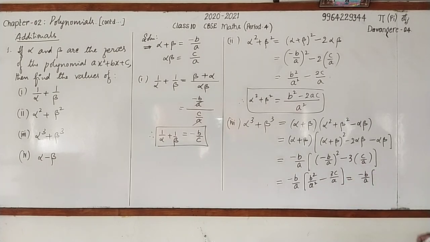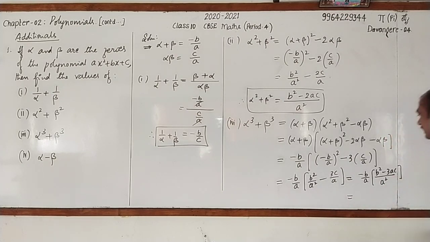Let's go for taking LCM. The LCM is a square. Multiply LCM with the first term, a square gets cancelled, b square. With the second term, a gets cancelled, a will remain, 3c into a, 3ac. Got it?